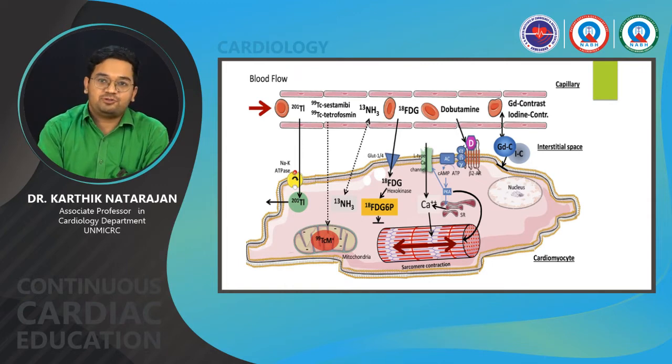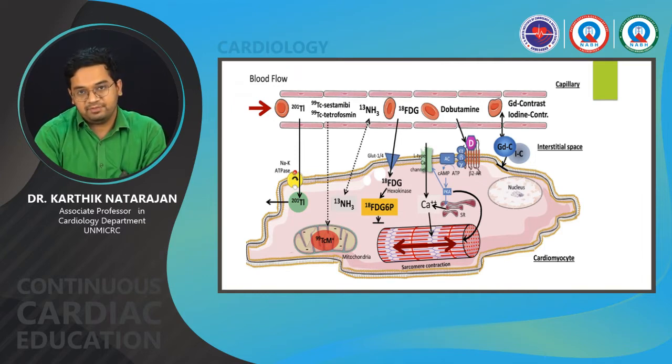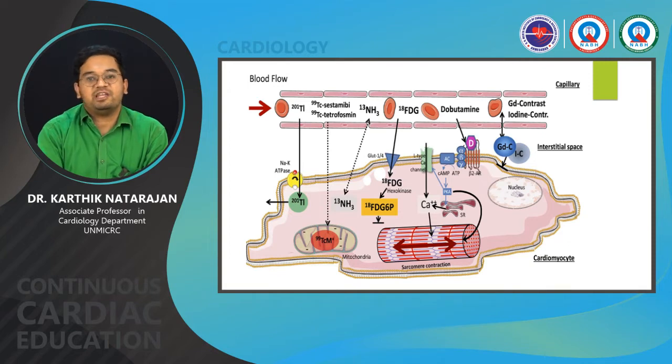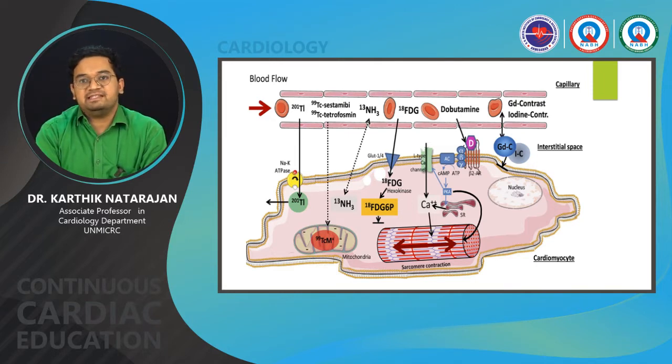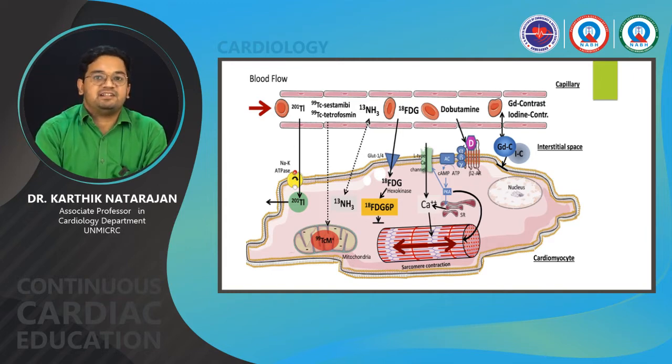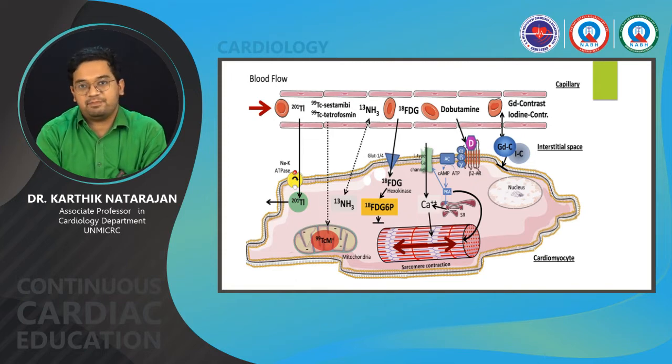Dobutamine binds to the beta-1 receptors on the cells, activates the cyclic AMP pathway, ultimately resulting in increased calcium release from the sarcoplasmic reticulum. And gadolinium, which is commonly used in LGE CMR, is usually confined to the interstitial space. It cannot enter the cell, and that is why in CMR the normal tissue appears black, whereas the abnormal tissue, which is basically the interstitial or extracellular fibrosis, appears white.